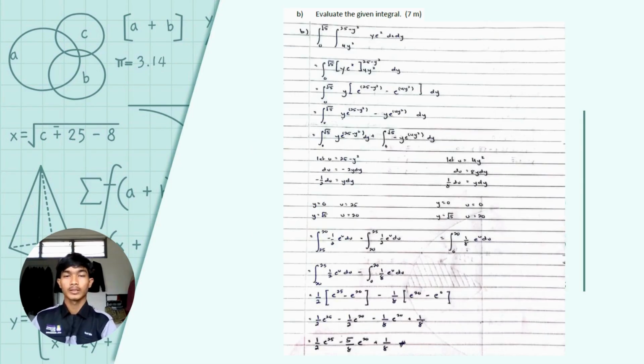Now we move to question B. We need to evaluate the given integral. To evaluate the given integral, first we need to integrate with respect to z while treating y as a constant.